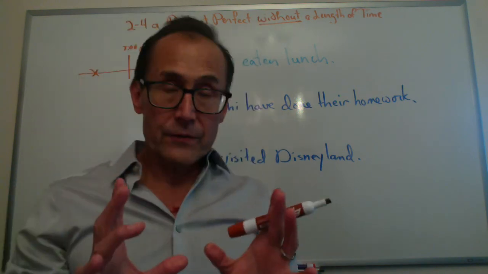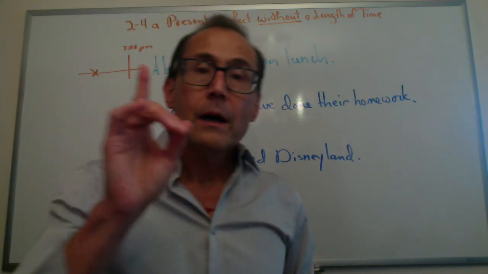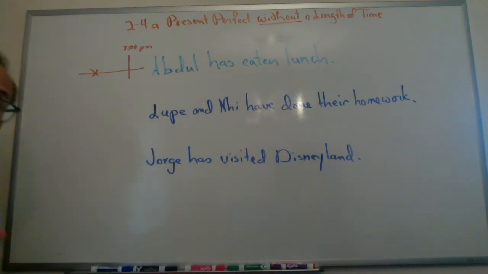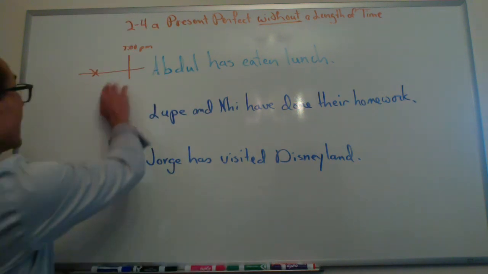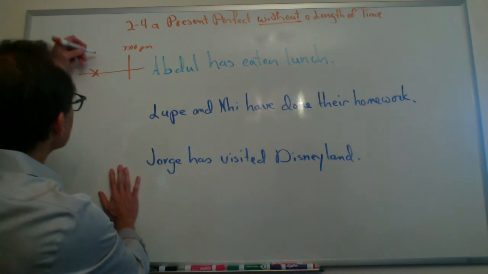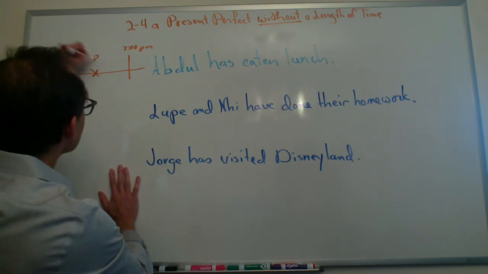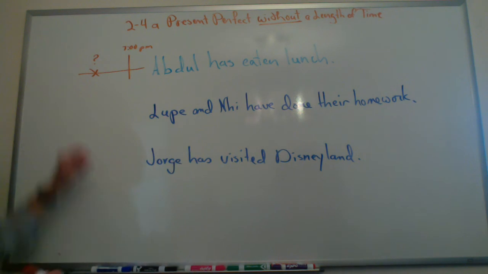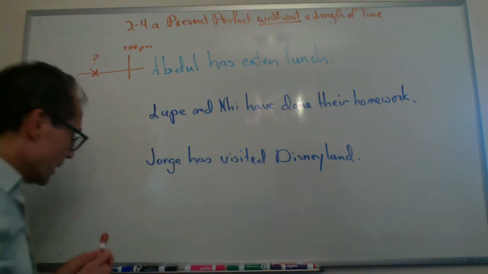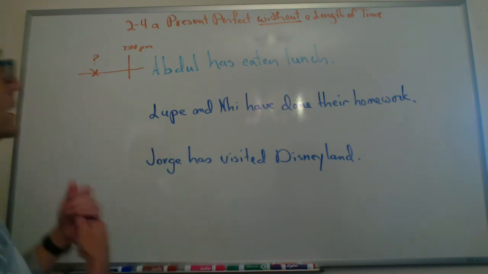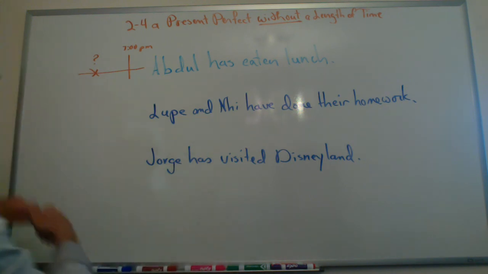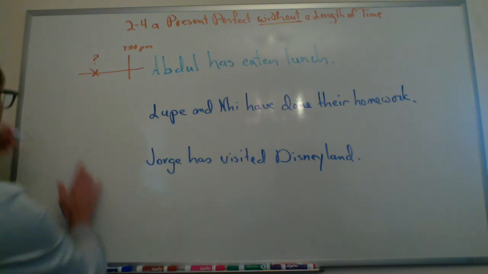There's another part of the meaning. When I use present perfect without a length of time, it means that it happened in the past, but the time is not clear. Okay, so I'll put a question mark over here, over the X, to show the time is not clear. I'm going to write that on the board because that is the main point that I want you to remember from this video.